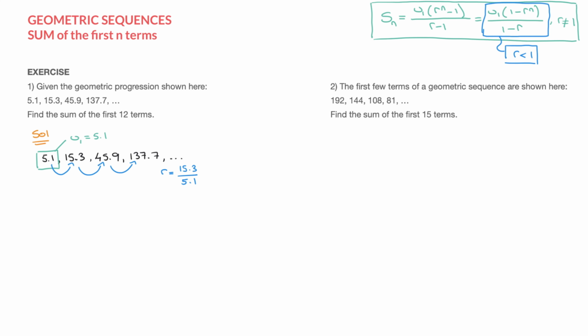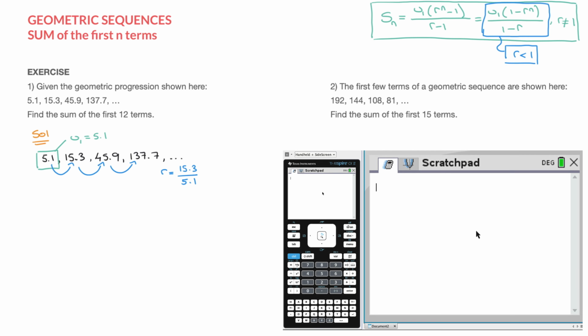And now if needs be, go ahead and use your calculator to calculate 15.3 divided by 5.1. And if I do so as well, you can see my calculator here. That would be 15.3 divided by 5.1. And I press enter, and we're done. We can see that the common ratio r is equal to 3.